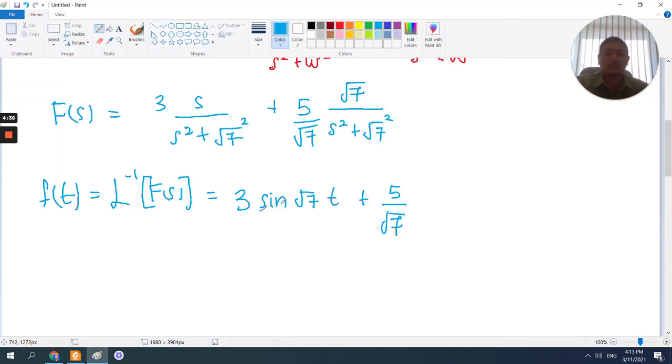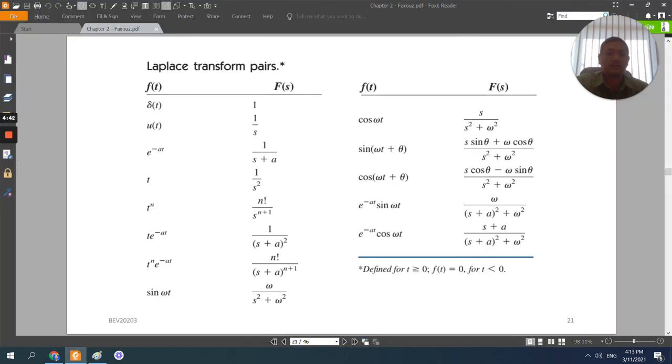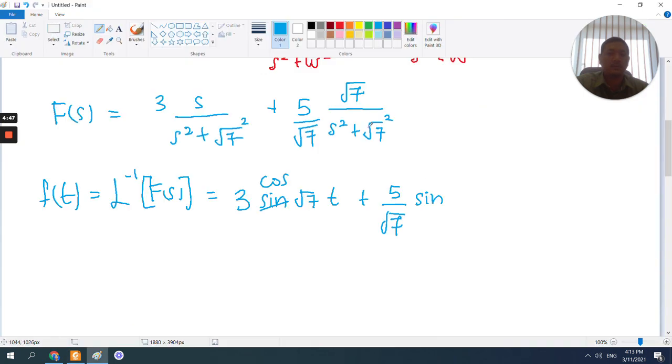So this is cos, and this is sine, with omega equal to the square root of 7, t. So that is f(t).